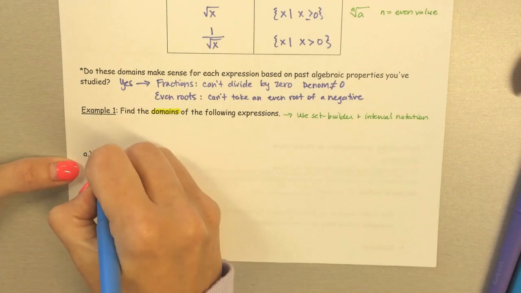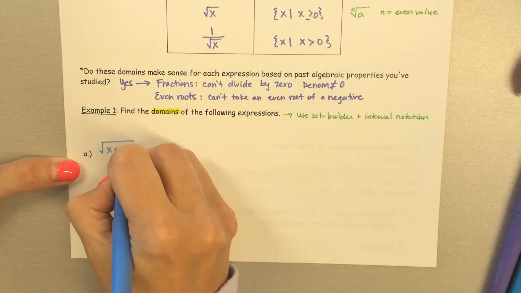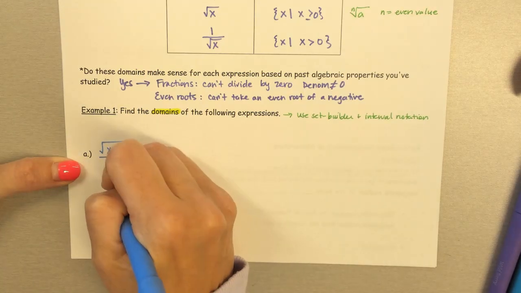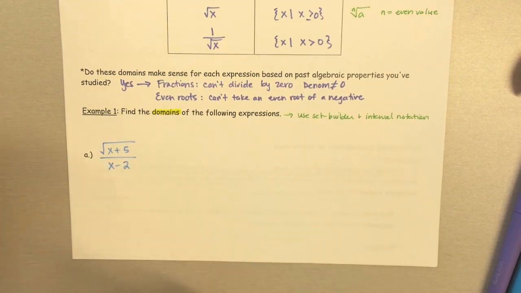Okay, so for part A, we have the square root of x plus 5 over x minus 2. Starting off with a doozy here. Because we have a few different things. So the first thing I always ask myself, is there a fraction? Okay, if you have a fraction, which we do, we know the denominator can't equal 0.